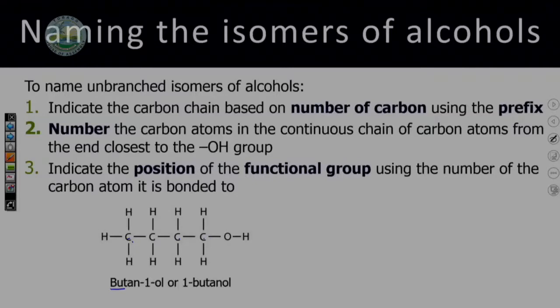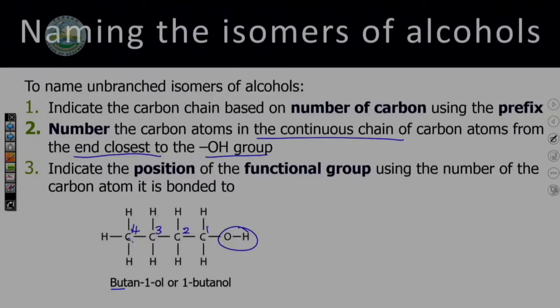Okay? Now it says number the carbon atoms in the continuous chain of carbon atoms from the end closest to the OH group. So we have the OH group here. So we are going to number the carbons from this end. So we're going to put 1, 2, 3, 4.